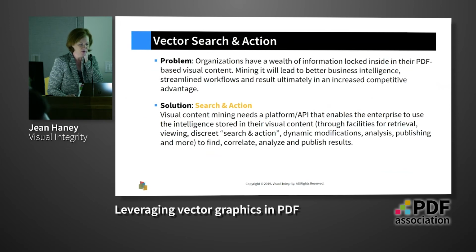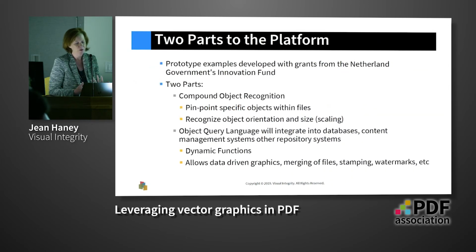We've created a prototype, which we developed with grants from the Netherlands Government Innovation Funds. We do our development in Holland. This has two parts to it. The first is compound object recognition, which is where you can pinpoint specific objects within files.